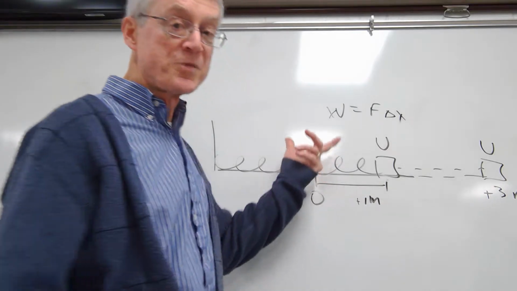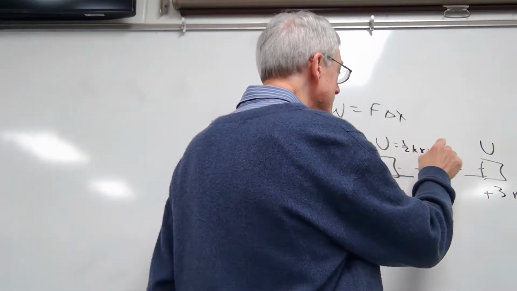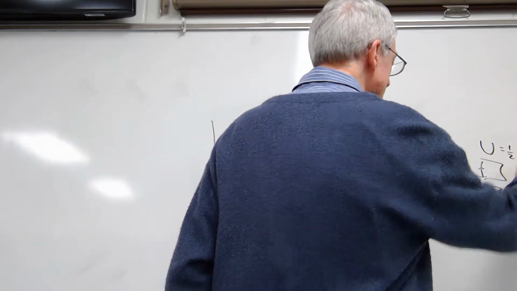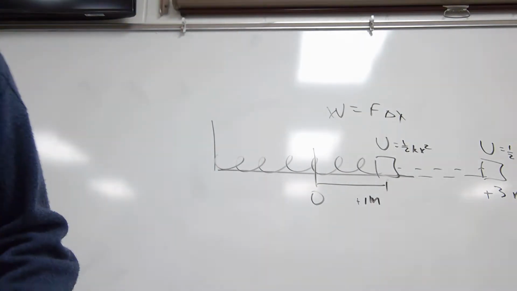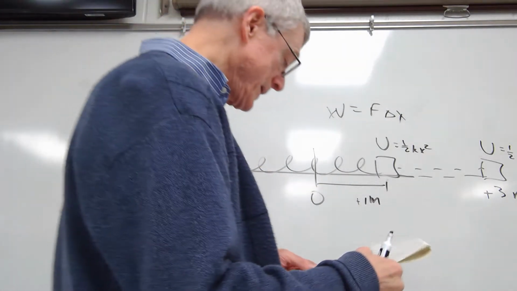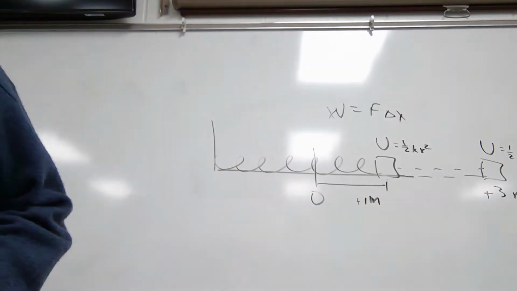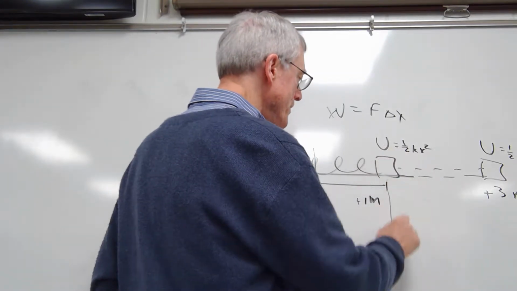And the question is about the spring anyway. So this is 1/2 kx squared, and this is 1/2 kx squared. Calculate them both and subtract. I think I have probably calculated them both. This one looks like it is -23 joules at this point.